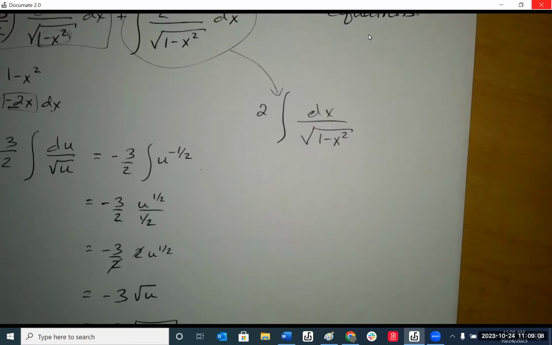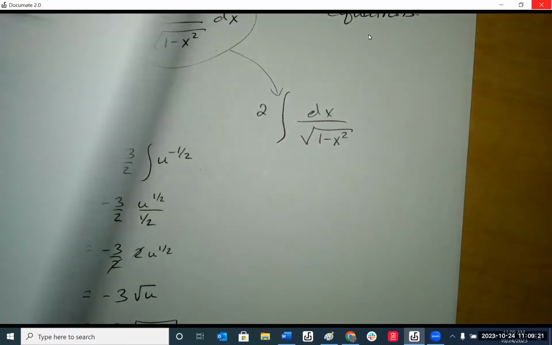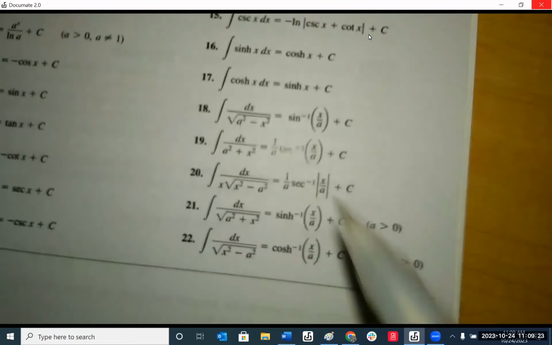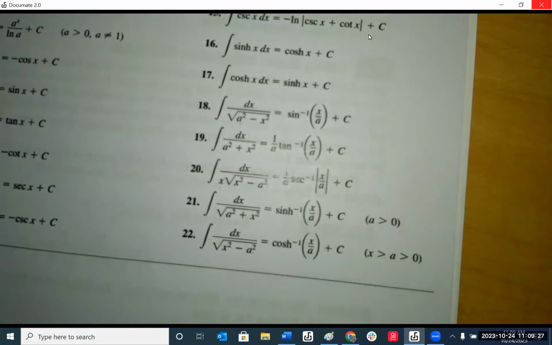What can I do there? Since there's nothing on top, let's look at what we have here. Remember, all these trig identities all have a dx on top.